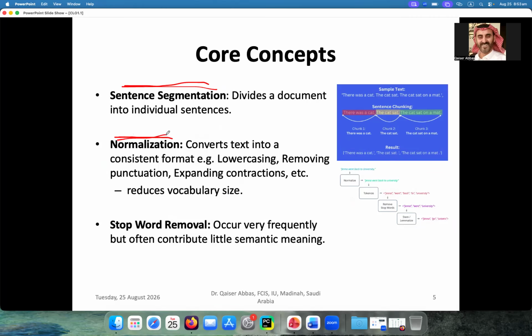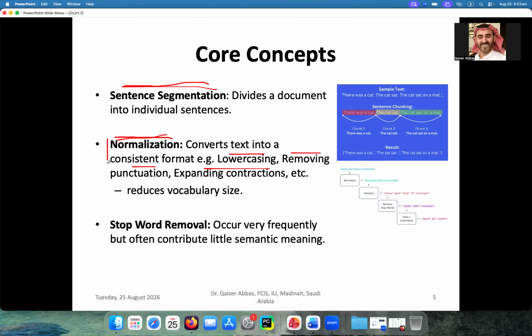Through this normalization, you remove different issues in your text, and then you align your text into the same, consistent format. Consistent means something similar. For example, in normalization, you can apply lower casing, you can remove punctuation, you can expand contractions. We have already seen this in the first diagram.